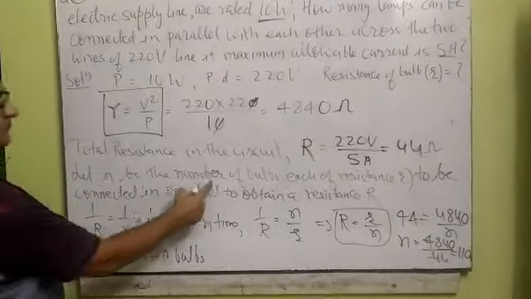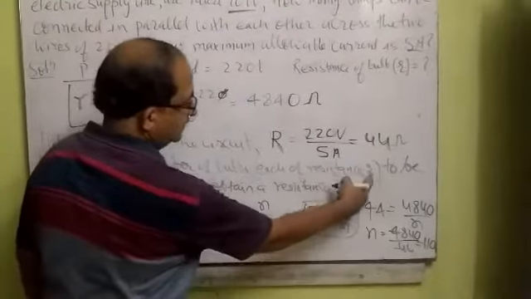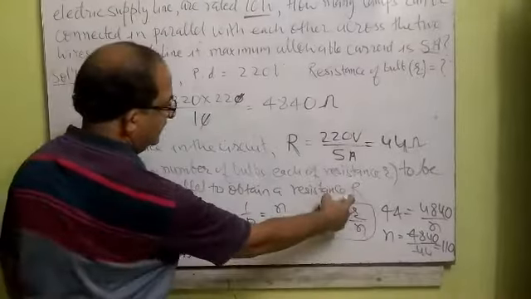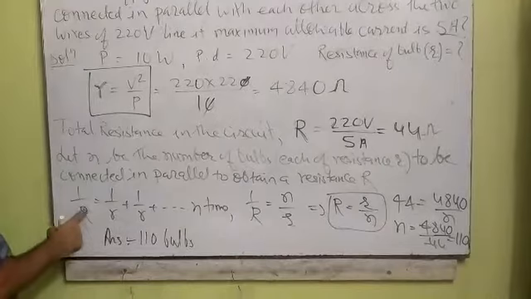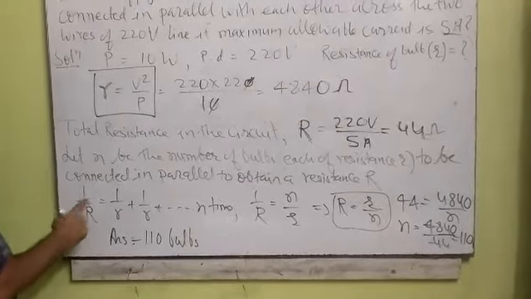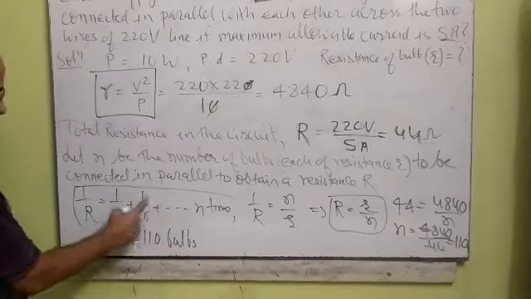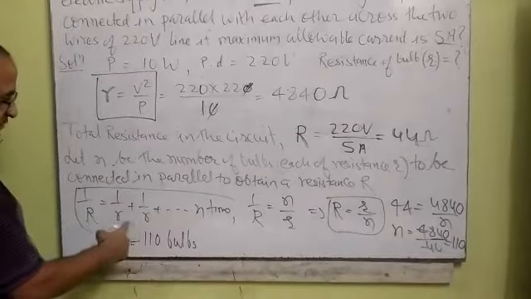Let n be the number of bulbs, each of resistance small r, to be connected in parallel to obtain resistance capital R. It means capital R can be found by the formula of parallel combination. 1 upon R is equal to 1 upon r plus 1 upon r and so on. All the resistances have the same value small r.